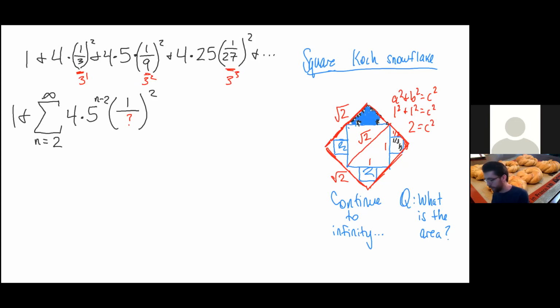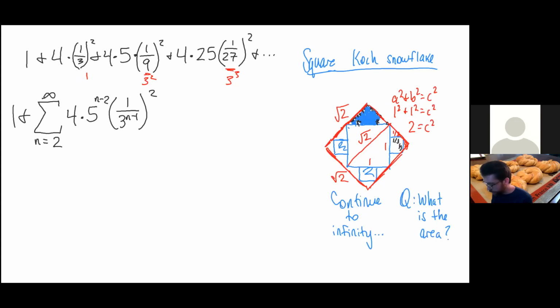And so how do I make that line up with starting with n equals 2? That would be 3 to the n minus 1 power. Because again, this term is my n equals 2 term. 2 minus 1 is 1, so that's 1/3 to the first power. And it works for the others as well.